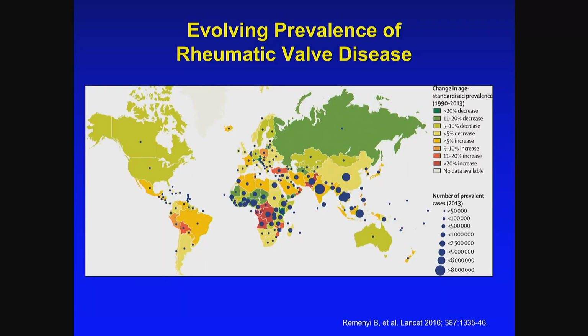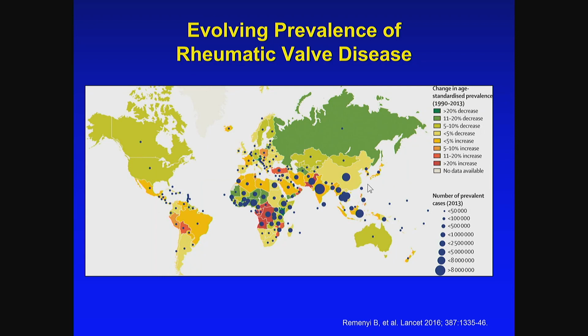These are data from worldwide health programs looking at the evolving prevalence of rheumatic valve disease over the last 25 years. The color code illustrates the change in standardized prevalence of rheumatic heart disease. Those countries in green or light green to yellow have had a decrease in the prevalence of rheumatic heart disease, whereas those in orange or red have actually seen a rise.